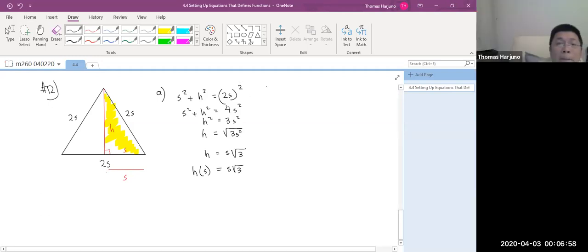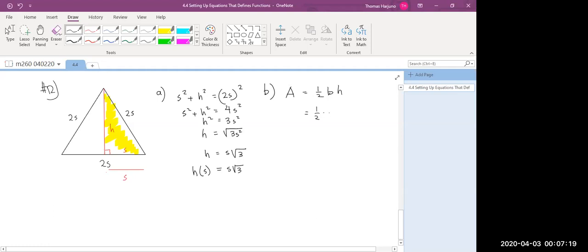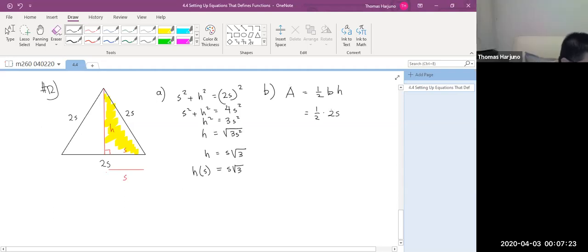Part B. Express the area of the triangle as a function of s. The area of the triangle will be 1/2 times base times height. What is the base? 2s, referring to the original equilateral triangle.